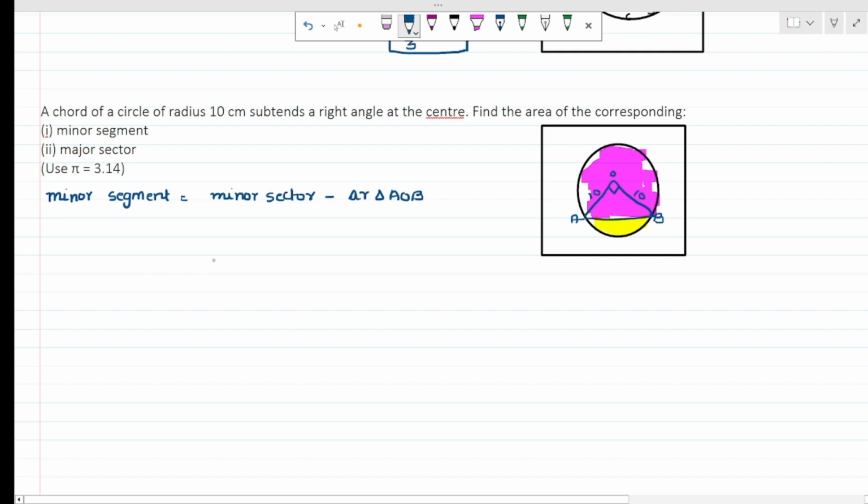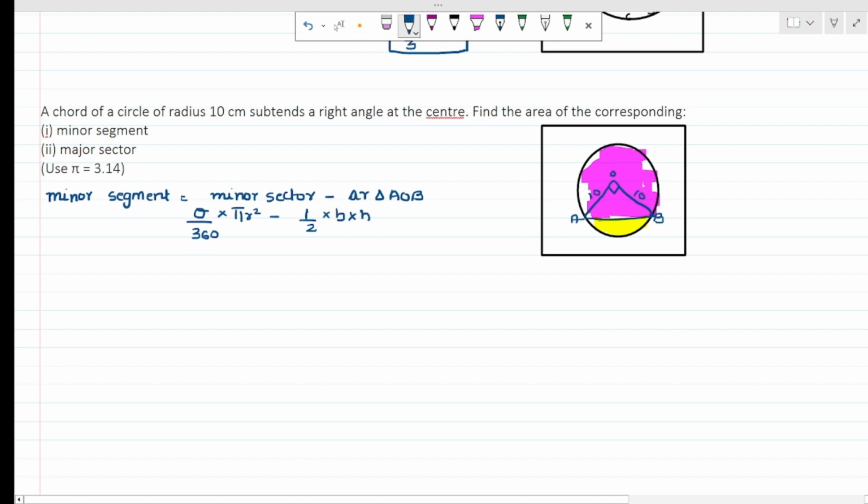Okay. This is the formula which we studied in the earlier video. Now, what is my minor sector formula? My formula is theta upon 360 times pi r square minus, what is the formula for right angle triangle? It's half into base into height.